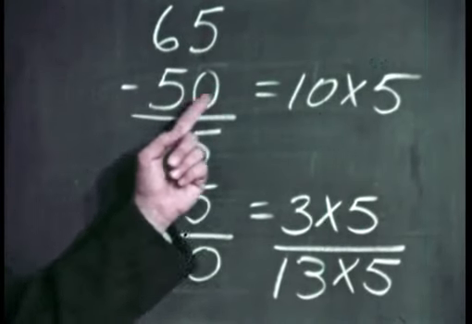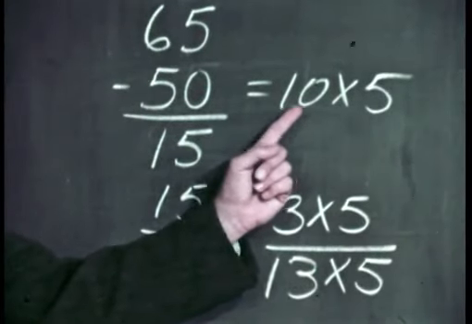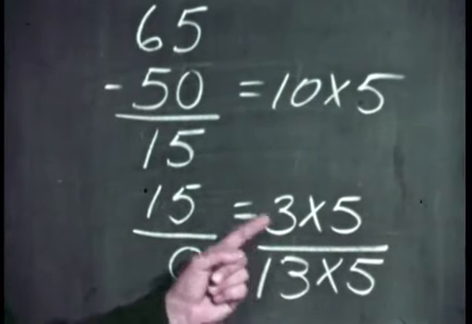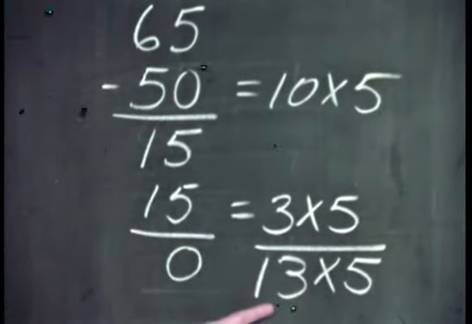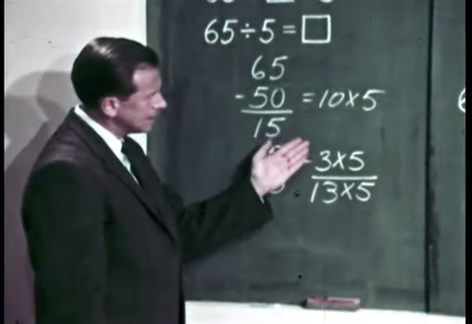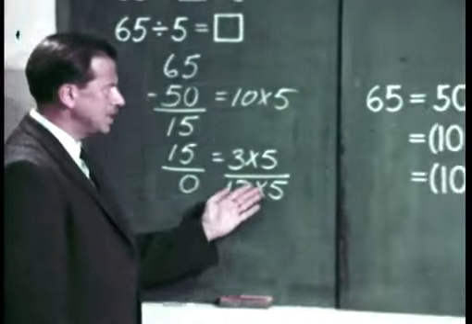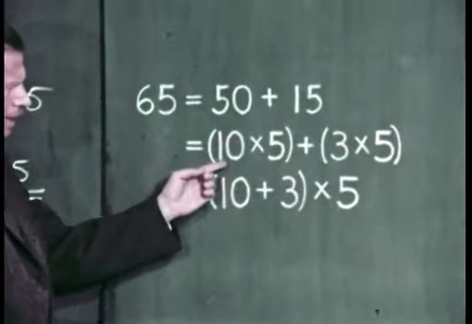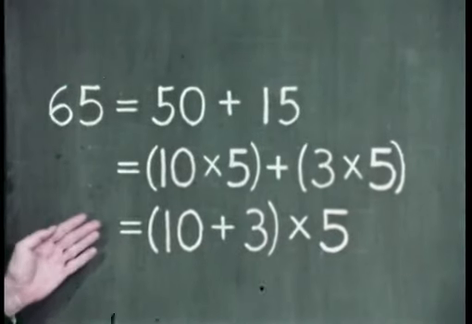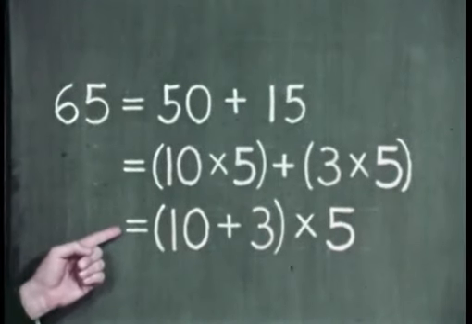For 50 pennies, we get 10 nickels. For 15 pennies, 3 nickels. That's 10 plus 3, or 13 nickels. When this is written this way, you can recognize an application of the distributive property.